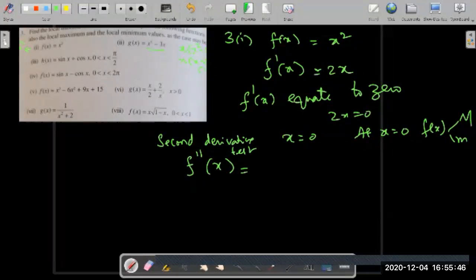So f double dash x, that means you are differentiating this 2x, so you will get 2.